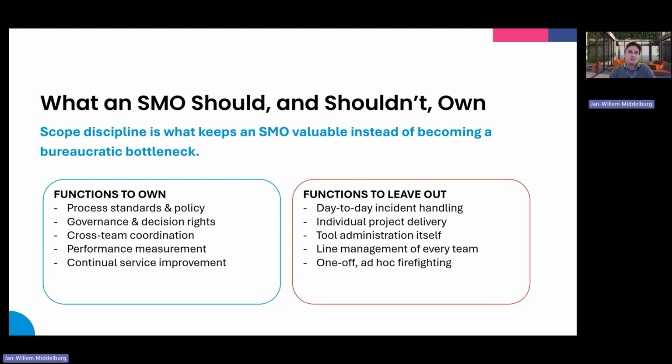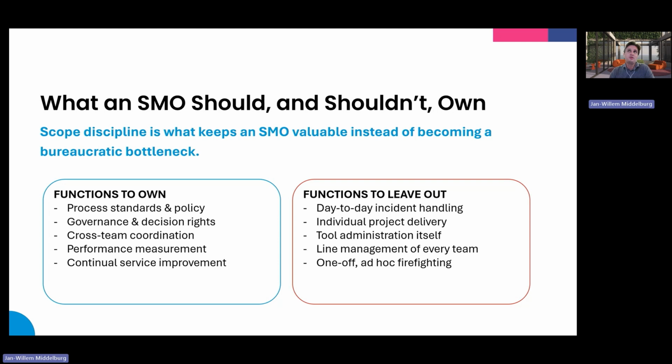It should establish the processes and control the metrics, but it should not get involved in the day-to-day operational activities like solving tickets, handling incidents, or execution of projects. It is really an assurance and governance function, a quality control layer that is placed as a middle layer in the organization and that oversees the services that are provided by vendors, third parties, or sometimes even internal teams.